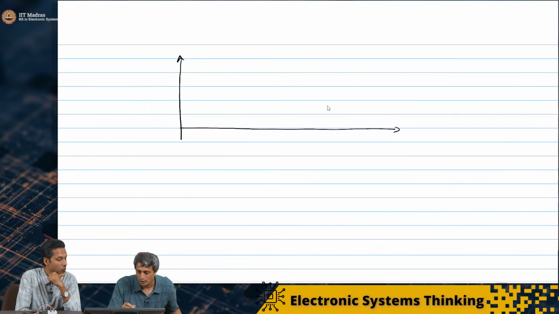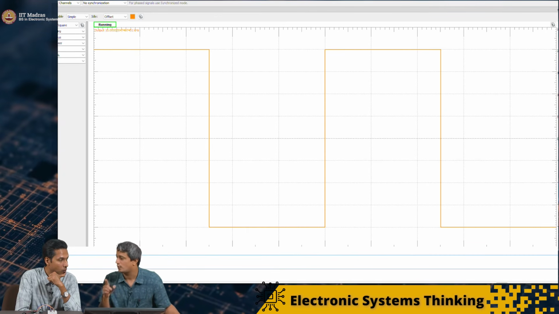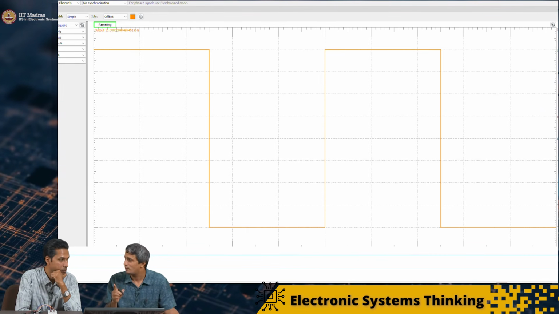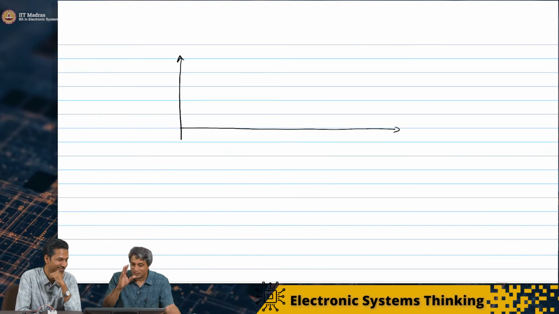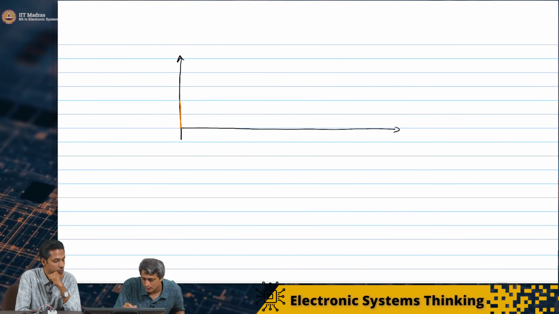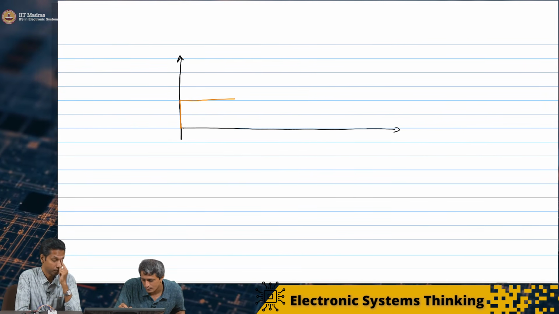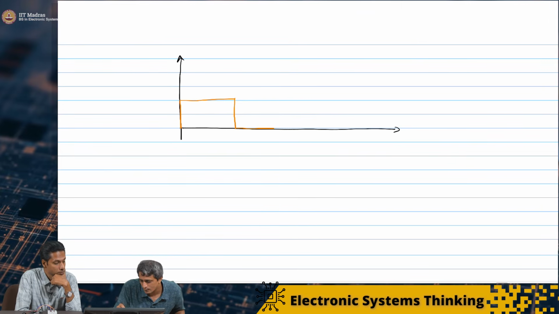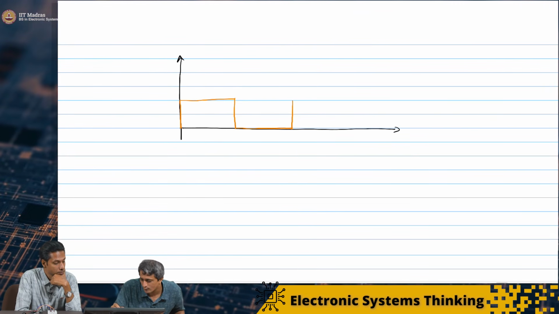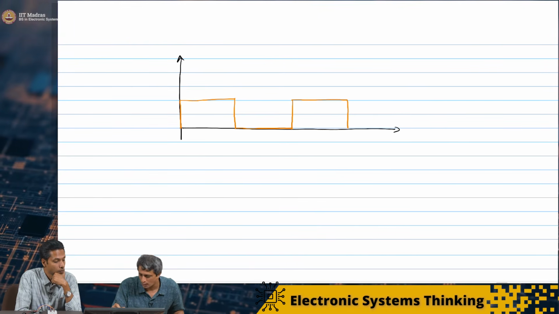And what is the time period? It's 100 microseconds. It's actually back to the time scale of the time constant of that RC circuit. So this is like 100 microseconds.